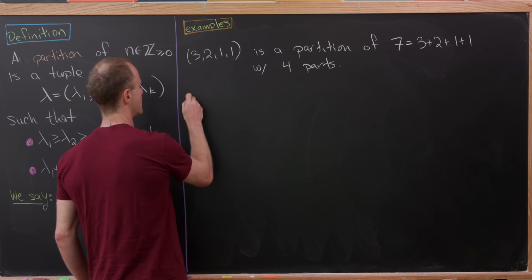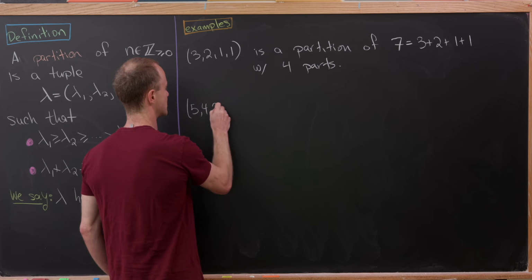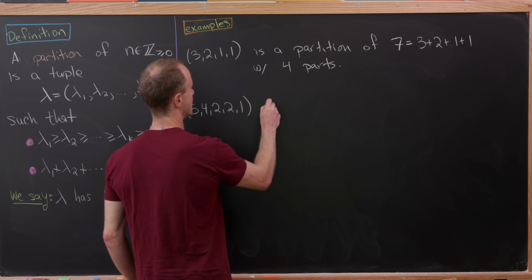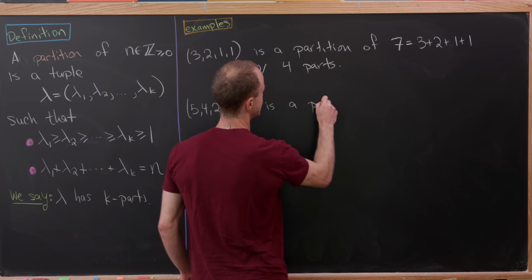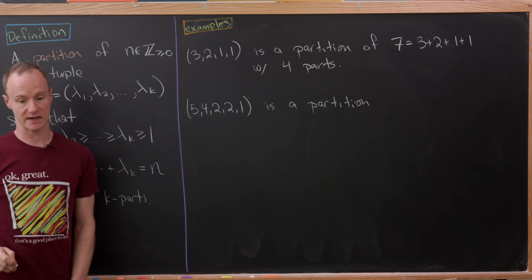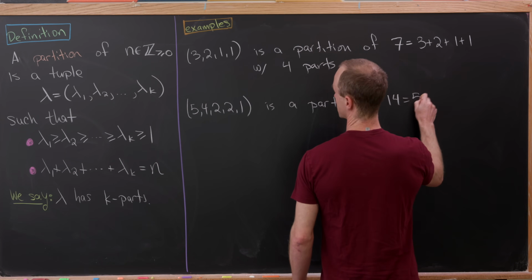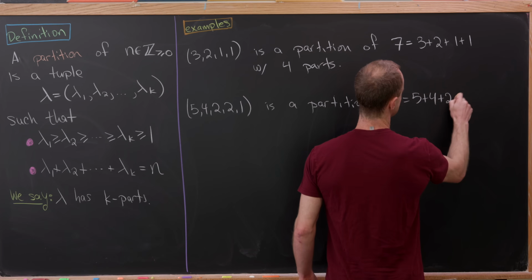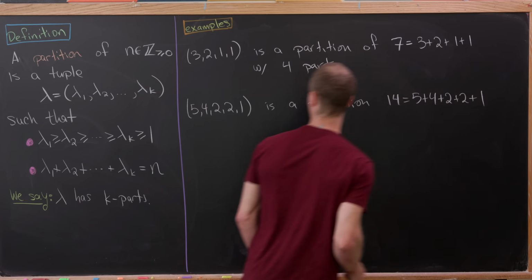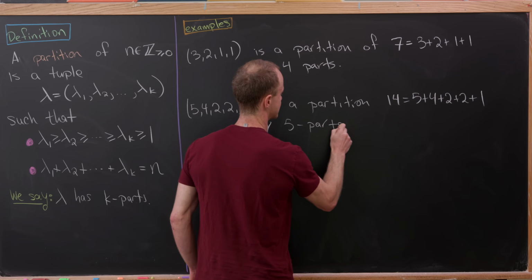And then, maybe for one more, we have 5, 4, 2, 2, 1. And so this is a partition of, I think it's going to be 14. And that's because 14 is equal to 5 plus 4 plus 2 plus 2 plus 1. And furthermore, this is with 5 parts.